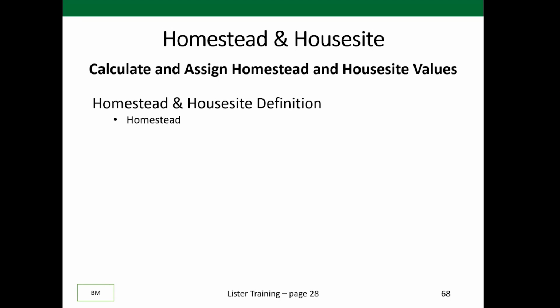Now, for the house site, the definition of a house site is the portion of a homestead that includes the principal dwelling and as much of the land surrounding the dwelling as is reasonably necessary for use of the dwelling as a home, but in no event more than 2 acres per dwelling unit. In the case of multiple dwelling units, no more than 2 acres per dwelling unit up to a maximum of 10 acres per parcel.